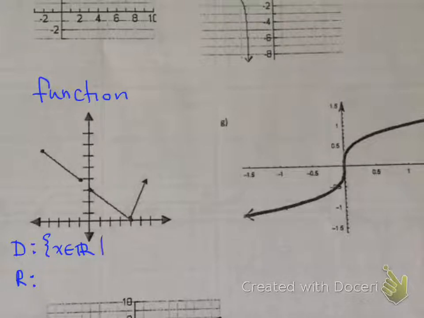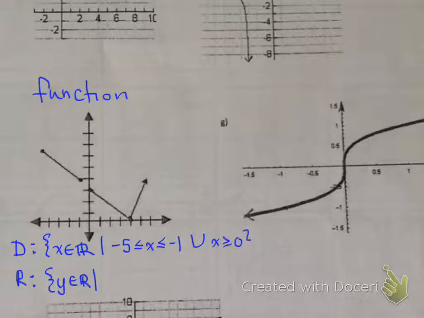So x belongs to real. This has two parts. X is between -5, including the -5, all the way up to -1, or it jumps on the other side from 0 to infinity, which means x is greater than or equal to 0. The second piece is how low does it go?